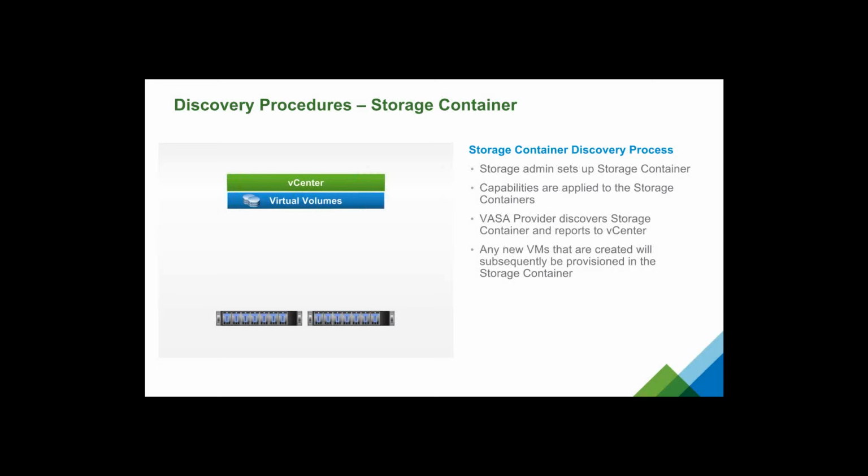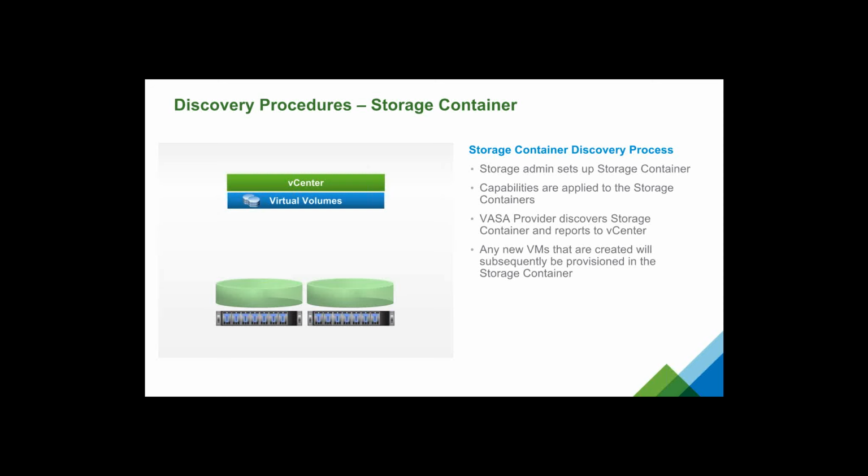So the way that we find storage containers: a storage admin on the storage array will set up a storage container, or more than one. Certain capabilities will be assigned to that storage container. Once the storage container is set up, you'll tell vCenter, I have a VASA provider here that knows about storage containers, and it will go identify the storage containers.